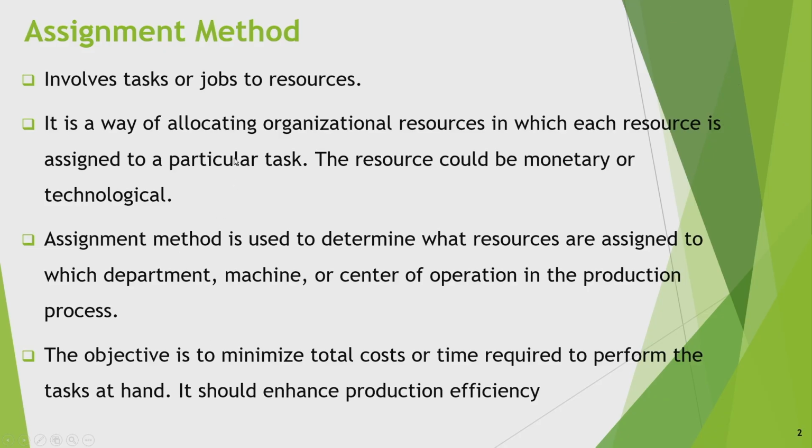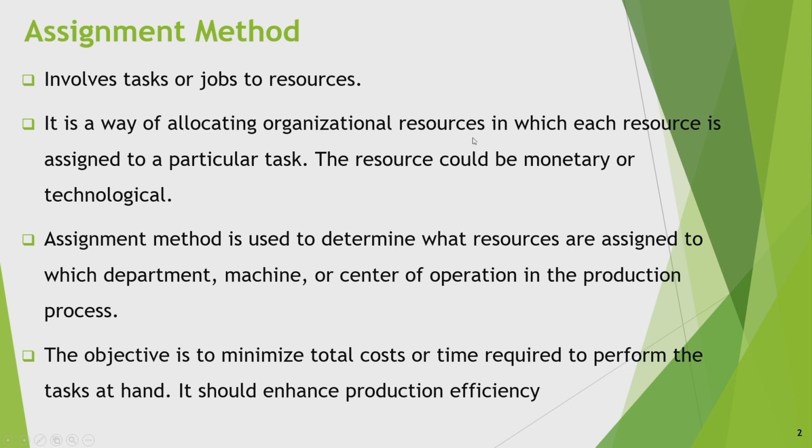So, here if I go to assignment method, it involves assigning tasks or jobs to resources. It is a way of allocating organizational resources in which each resource is assigned to a particular task.